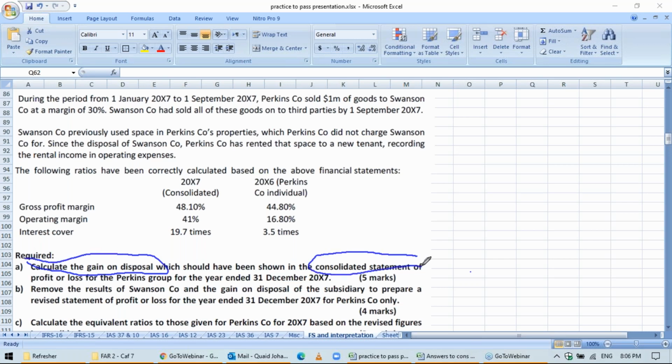Now there are two types of gains, right? One is the gain in the individual financial statements, and one is the gain in the consolidated financial statements of the parent company. So they are asking about consolidated financial statements. What will be the gain in the consolidated financial statements? The entry which I have made is for the consolidated financial statements, right? So now let's calculate the gain for the consolidated financial statements.